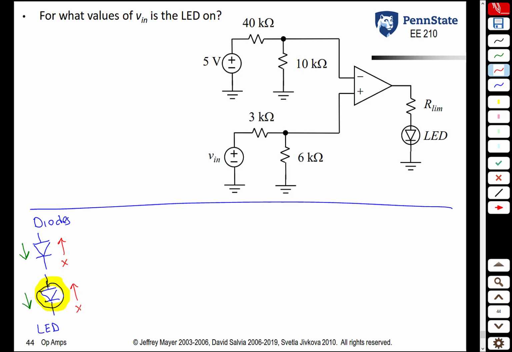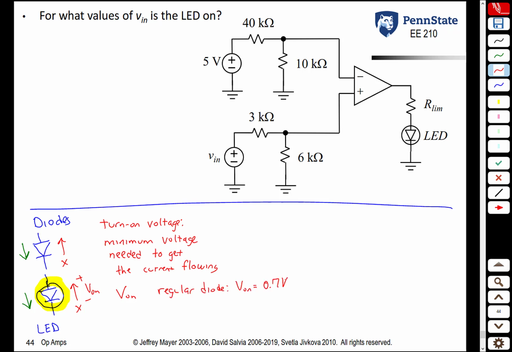One other important thing about diodes is you need what's called a turn-on voltage in order to get the current to start flowing. The turn-on voltage is the minimum positive voltage needed to get the current flowing, and we'll call it V on. That would be the voltage across there, V on. So what is V on? For a regular diode, it's typically something slightly less than 1 volt, typically 0.7 volts.